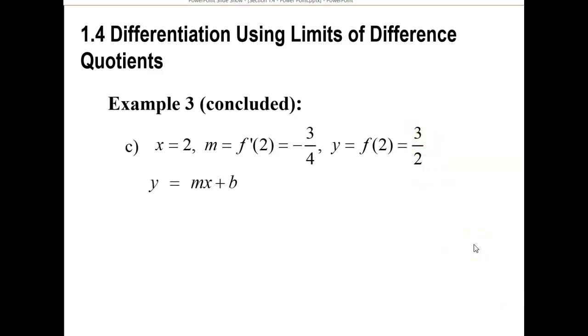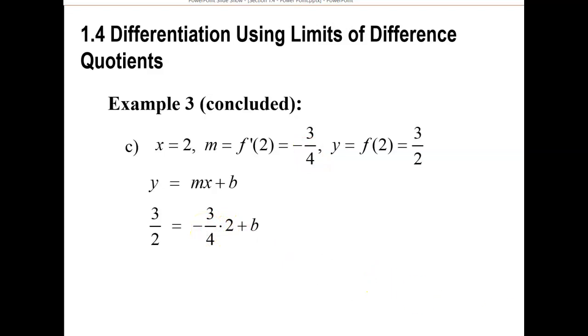So our equation for a line, slope-intercept, y equals mx plus b. So we're going to plug in, this was the y value of our point, 3/2. Our x value is 2. We're just plugging those in, y and x. And then our m value was our derivative value, negative 3/4.